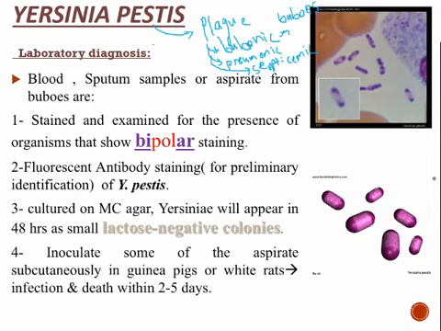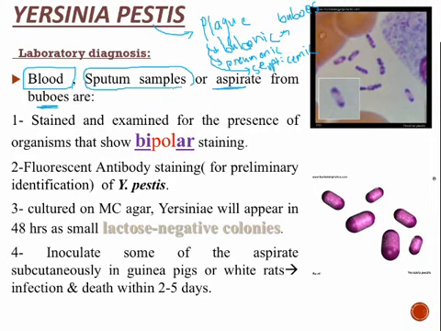So where would I take the sample? If it's septicemic plague, I take a blood sample. If it's pneumonic plague, I take a sputum sample. If it's bubonic plague, I take an aspirate from the buboes. I get a syringe and withdraw some of the fluid inside the buboes to look for Yersinia pestis.